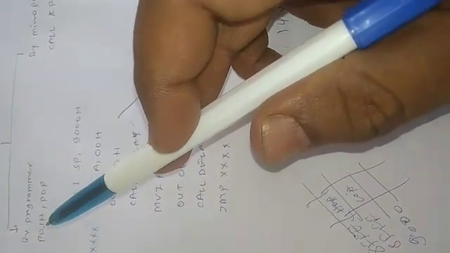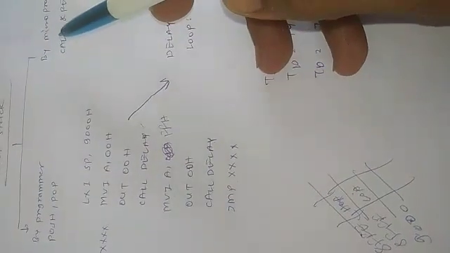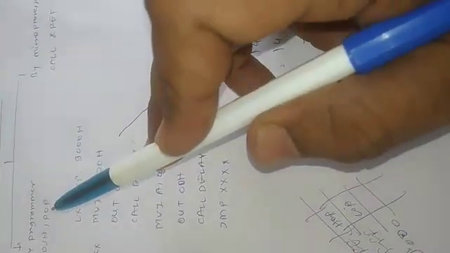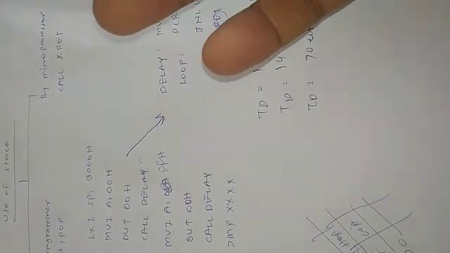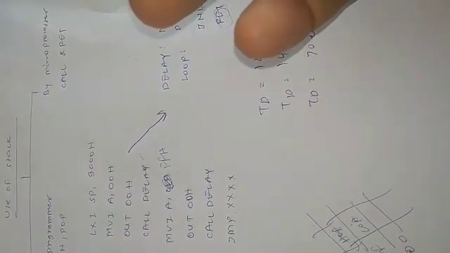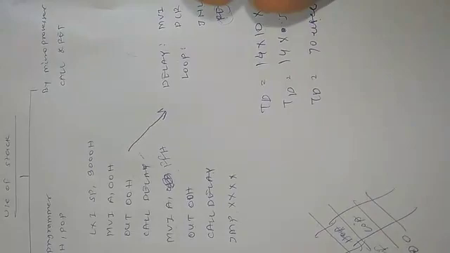In PUSH, the stack pointer gets decremented by 2. In CALL also the stack pointer gets decremented by 2. In POP, the stack pointer gets incremented by 2 and contents are retrieved back into the register pair. In RET also the stack pointer is incremented by 2 and the address of the next instruction to CALL is retrieved back onto the program counter.